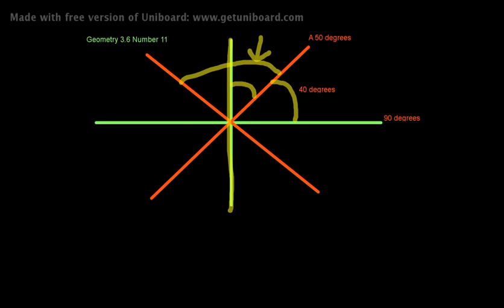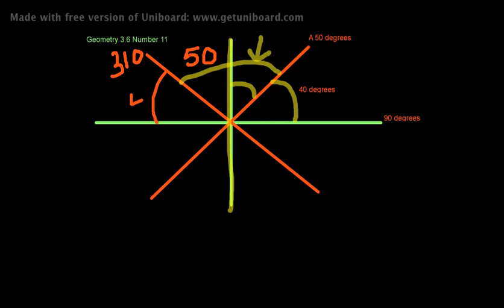So we can label this point as 50 degrees, but that's actually 310 because you're starting at 0 and you're going backwards around the circle, so this is 310. Isn't that pretty?